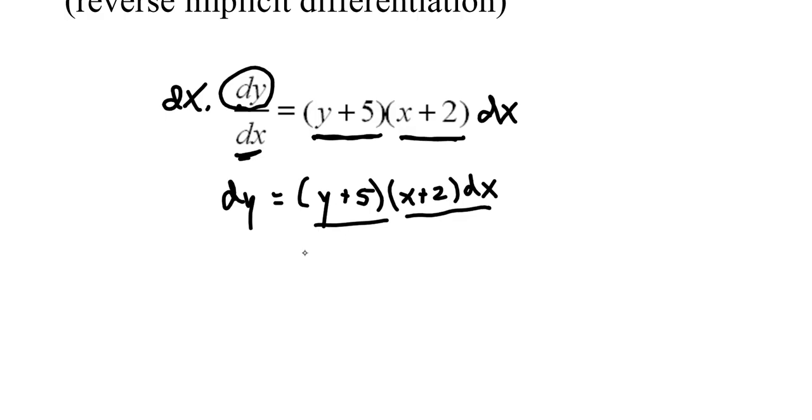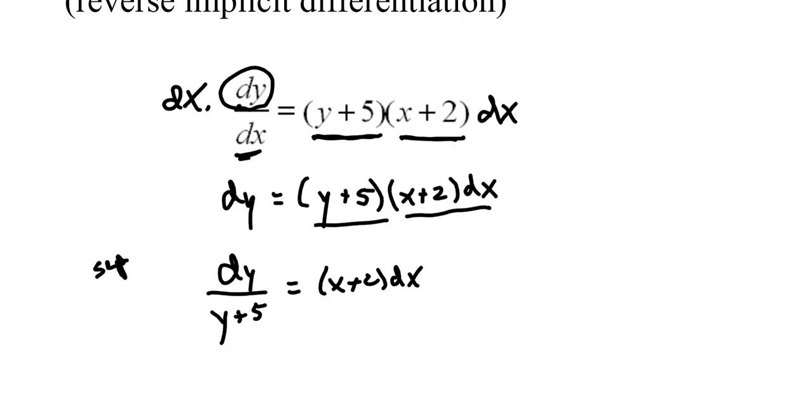Now, how do you get y by itself? Well, we're going to divide by y plus 5 on the other side. And so now we have this expression, x plus 2 dx. That's what we call getting the y's with themselves and the x's with themselves. This is what's known as separation of variables.